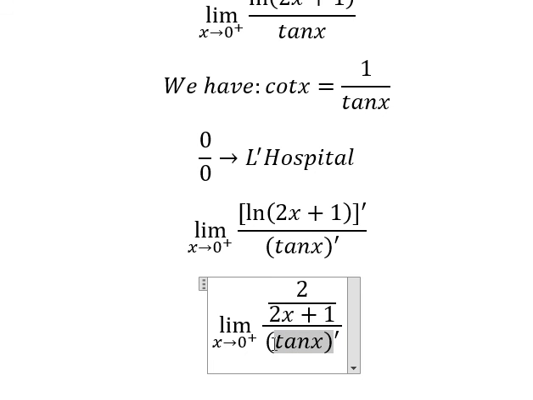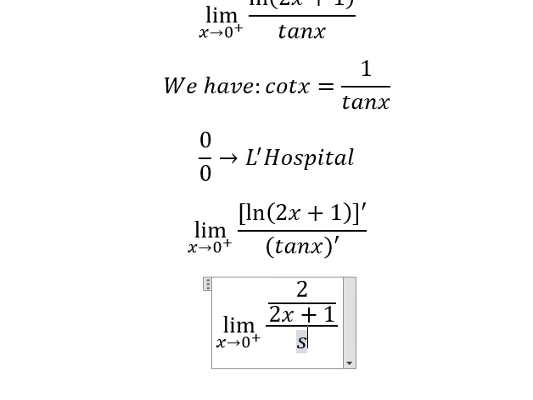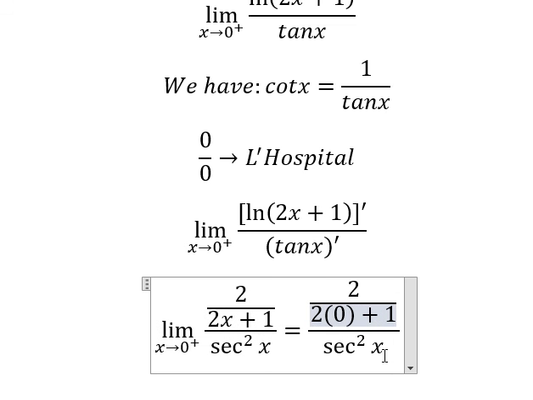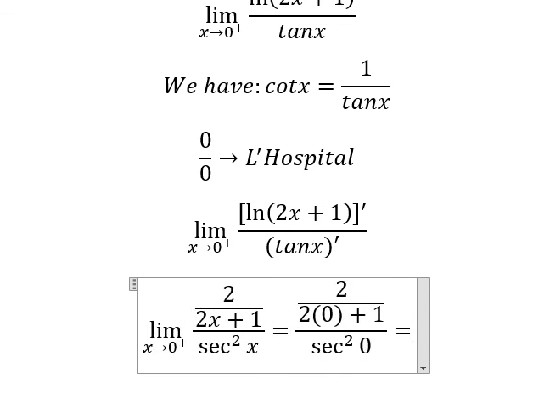The derivative of tan x, we have secant of x squared. Now we can put number 0 going here and here. Secant of number 0, we have number 1. This one you get 0, so we have number 2.